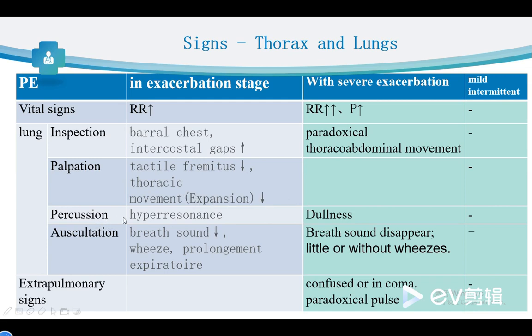During the percussion, we can find the percussion notes change to hyperresonance, and in the auscultation, we can find decreased breath sound. All of these positive signs above are caused by the emphysema in the acute onset stage of asthma.